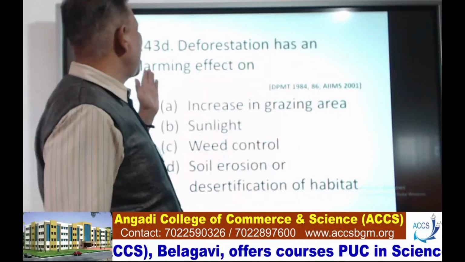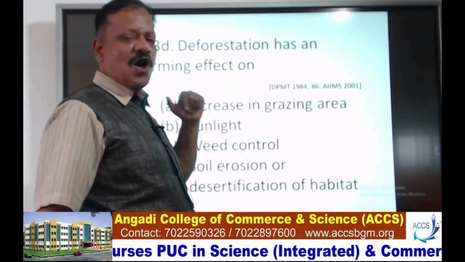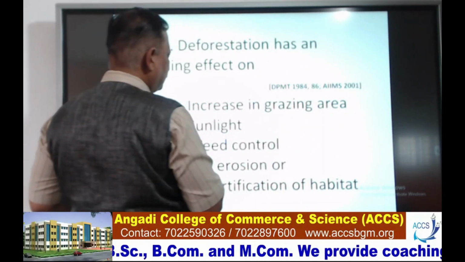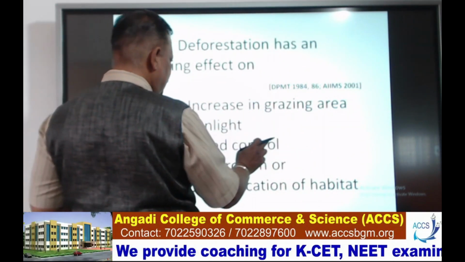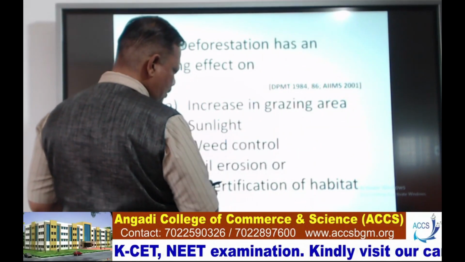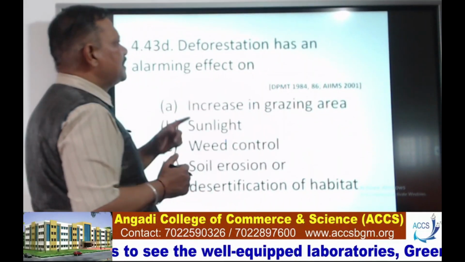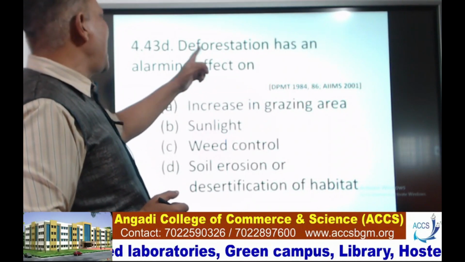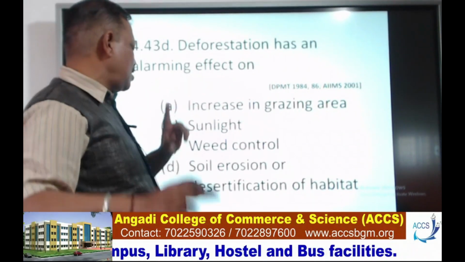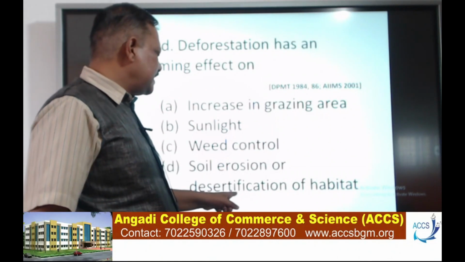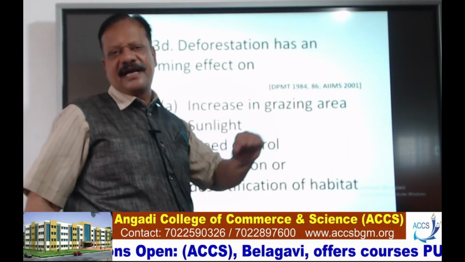Deforestation has an alarming effect on increase in grazing area, sunlight, weed control, soil erosion or desertification of habitat. That is, deforestation has an alarming effect on soil erosion or the desertification of habitat.